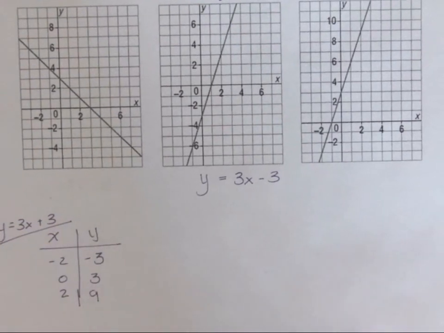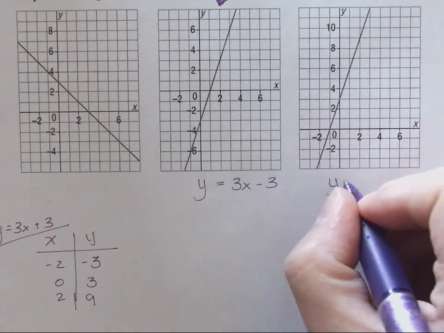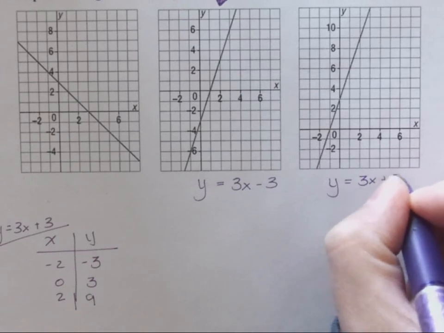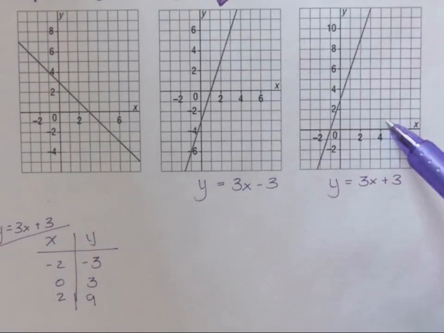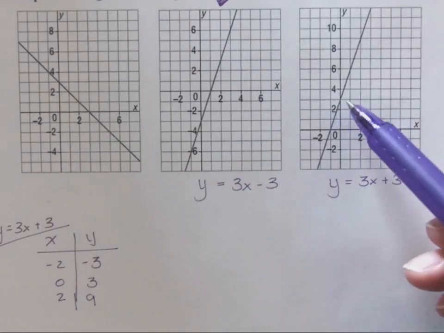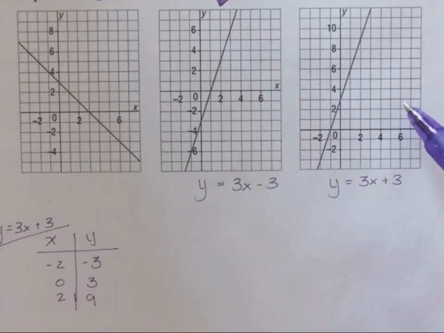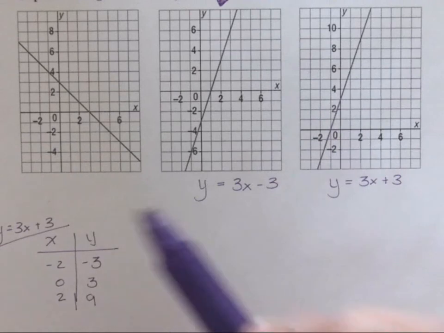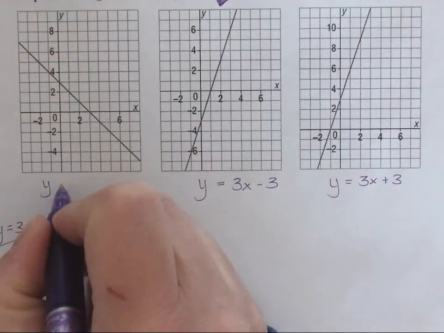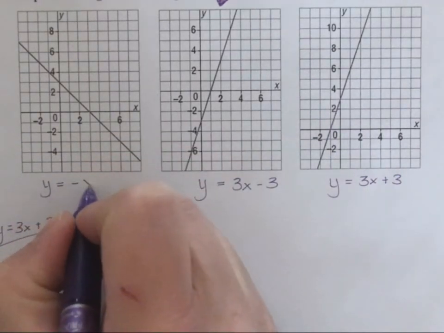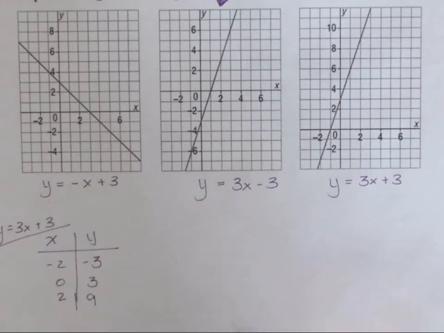That was one I was working on. We know that this graph over here, y equals 3x plus 3, belongs with this graph. So even though I know that they cross at the same place, I still had to do a quick table of values to double check my points. So by default, this must mean that this graph is the y equals negative x plus 3.